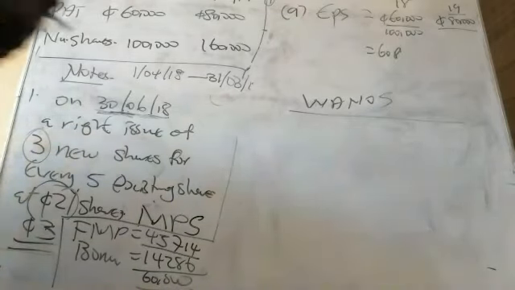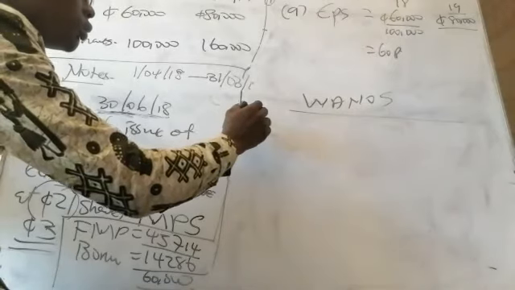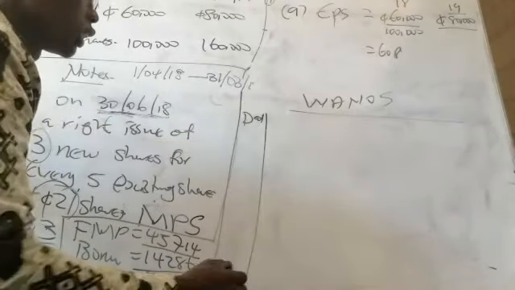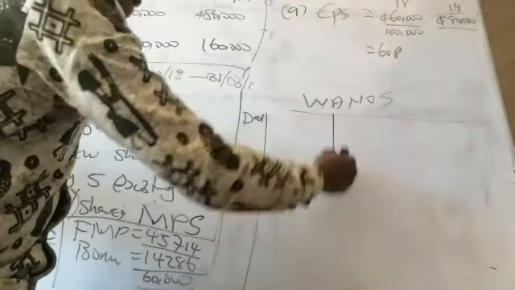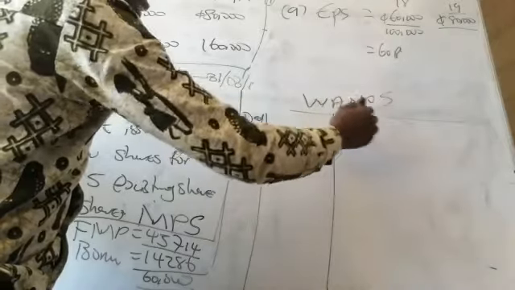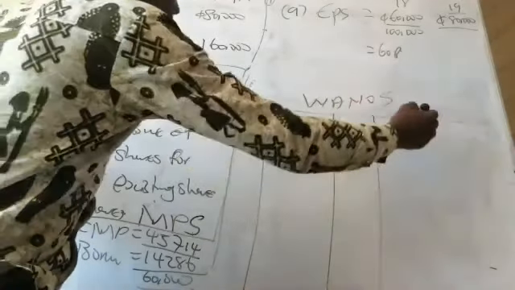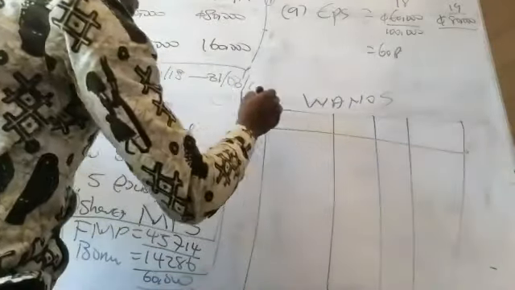So let's see how best we can do that. So we start by saying date, the detail, the number of shares, the weight, and the weighted average number of shares. Good.